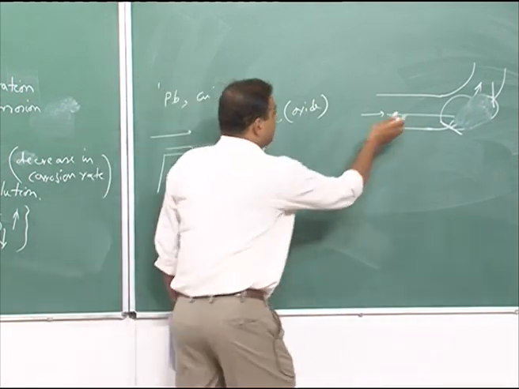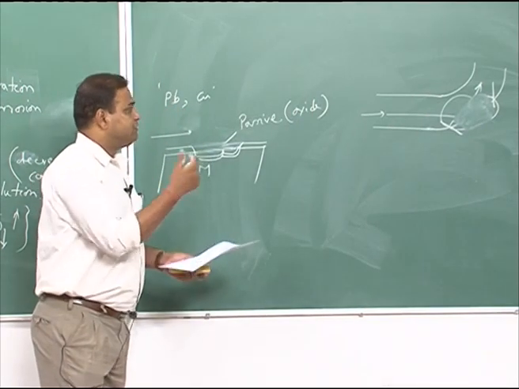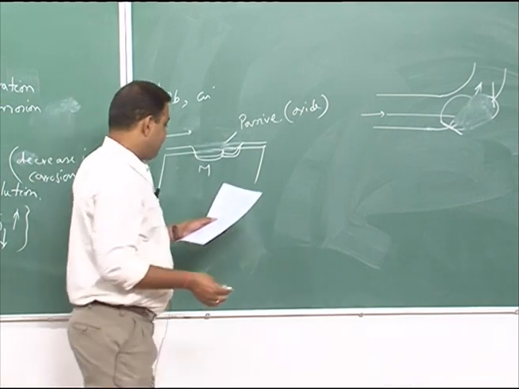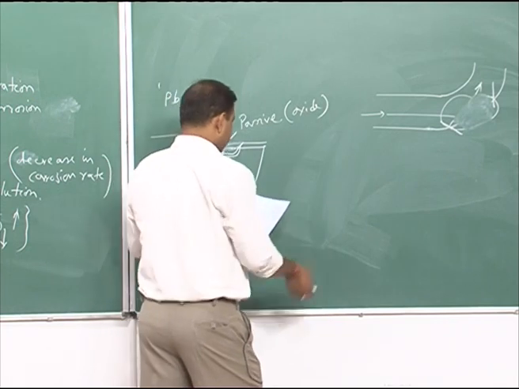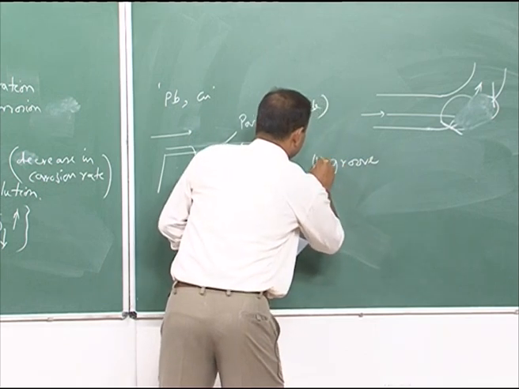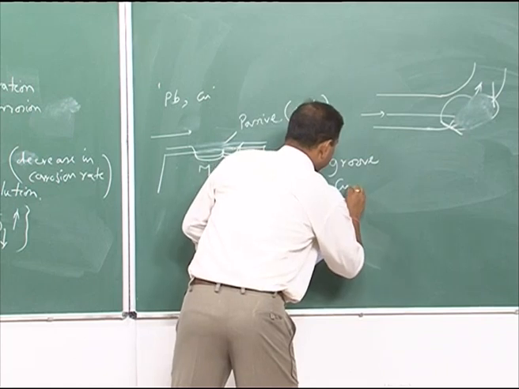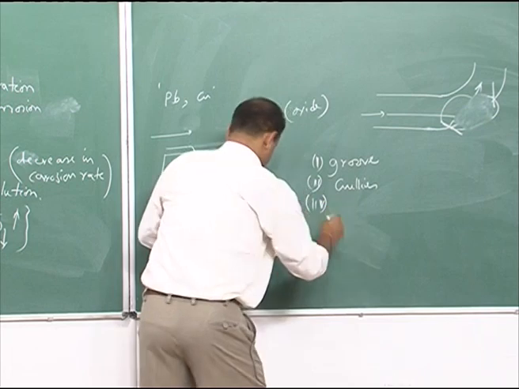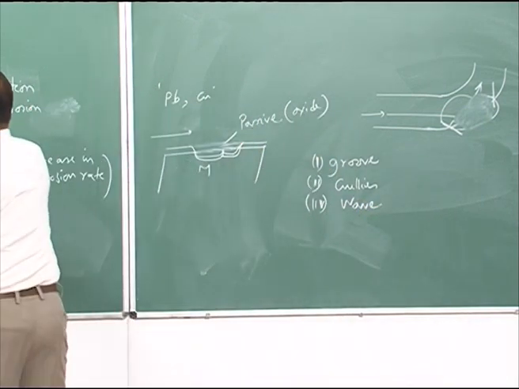So, that means whenever we have a change in direction, that is a very susceptible part in the structure. There could be the appearance of grooves, gullies, waves, so that means this is wavy in nature.